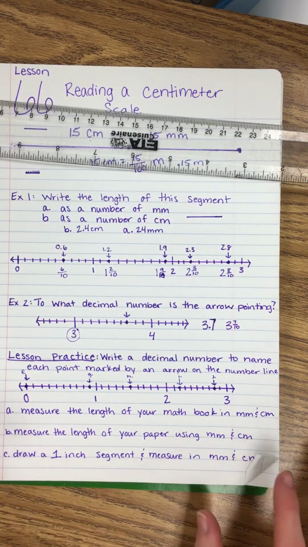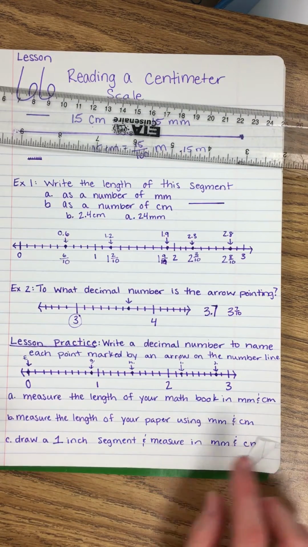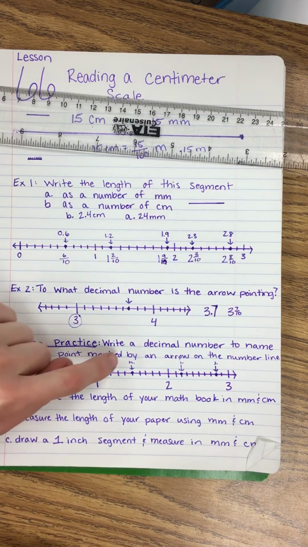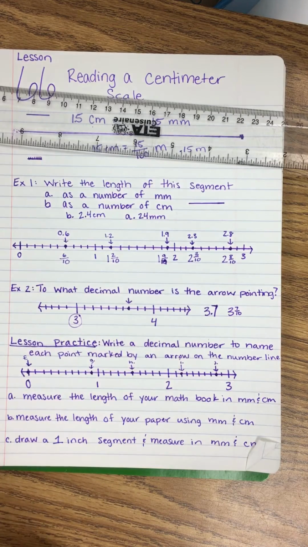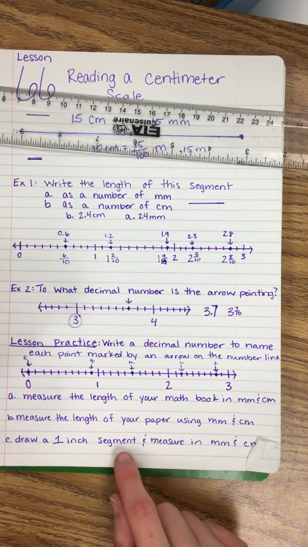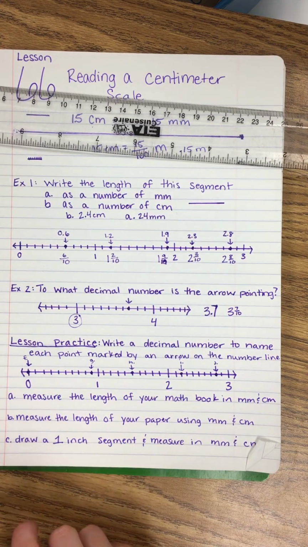All right, lesson practice. You'll notice it's interesting numbers. It's A, B, C, F, G, H, I, and J. We skipped D and E. That's okay though. This is another number line, and it says write a decimal number to name each point marked by the arrow on the number line.